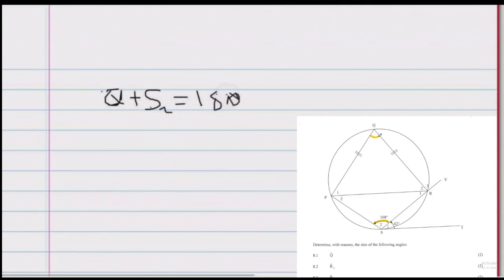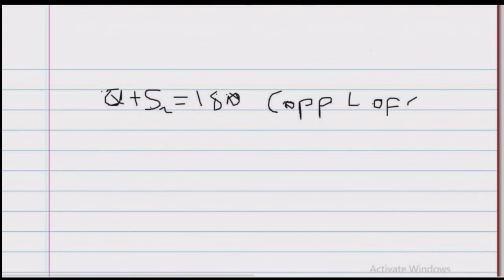My reason being opposite angles of a cyclic quad.